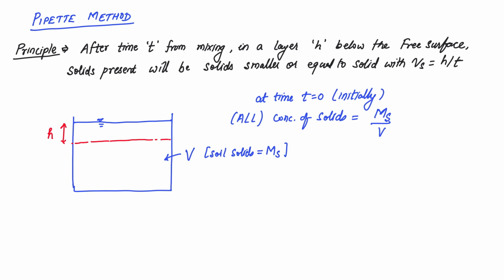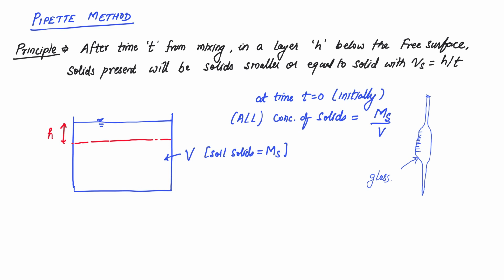A pipette is a simple glass apparatus that you might have used even in your chemistry lab, mainly for the addition of indicator. You might have used it in high school. So this is the glass pipette, and there are some markings present on it.